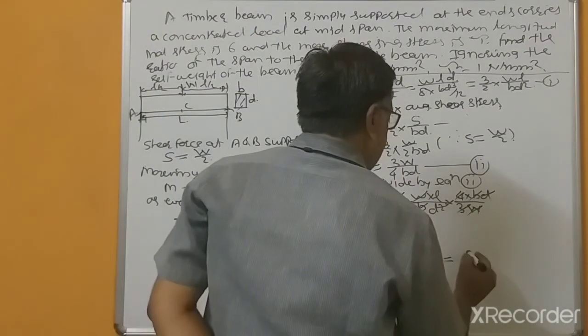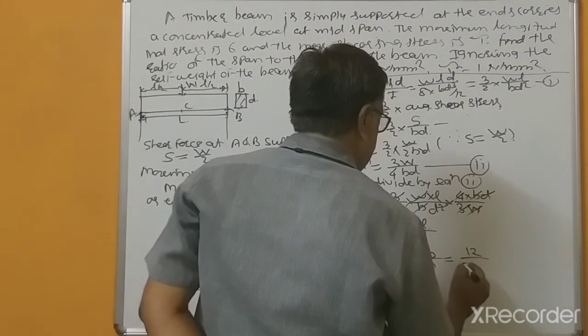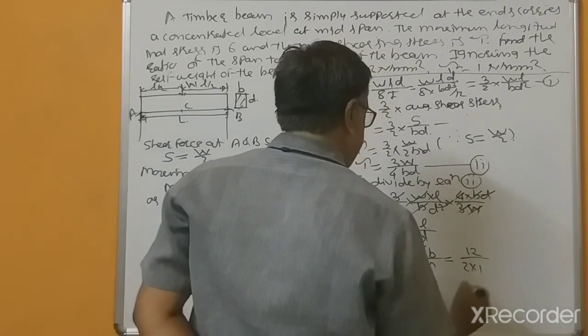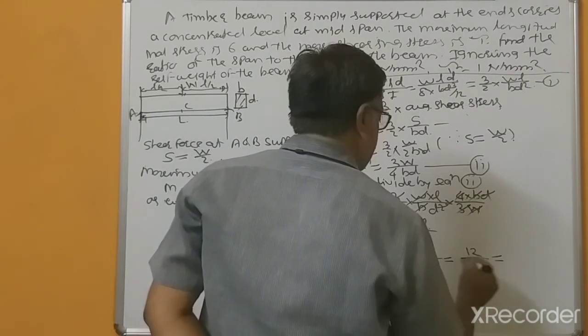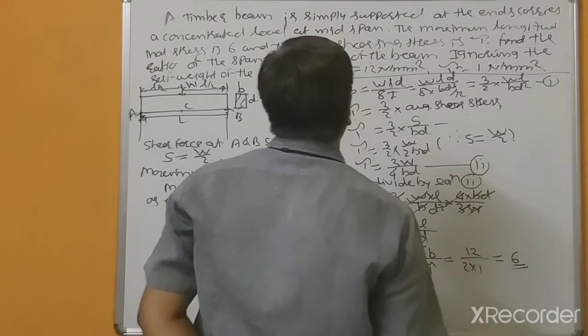So sigma B equal to 12 and tau is 1, given. So L by D equal to 6.